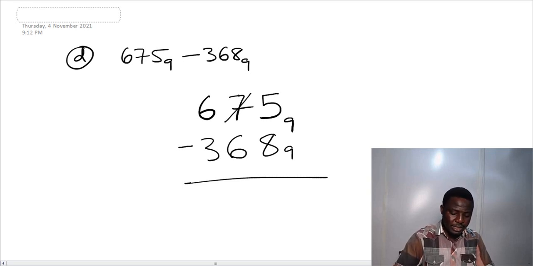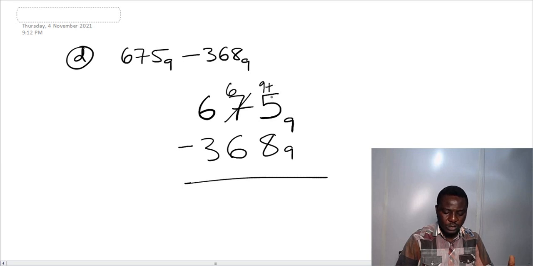You borrow 1 from 7, this becomes 6. And whatever you are borrowing is equivalent to the base. So this becomes 9 plus 5, which gives us 14. 14 minus 8 is 6.